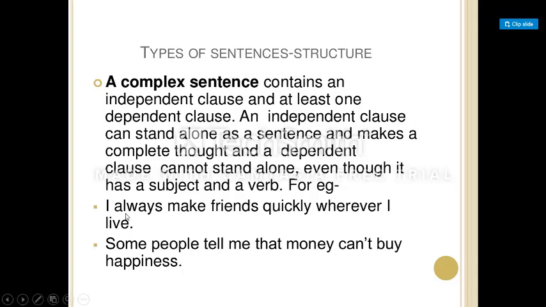Just look at this sentence. I always make friends quickly wherever I live. Wherever I live, this is a shift in time and place between two clauses. Some people tell me that money cannot buy happiness.